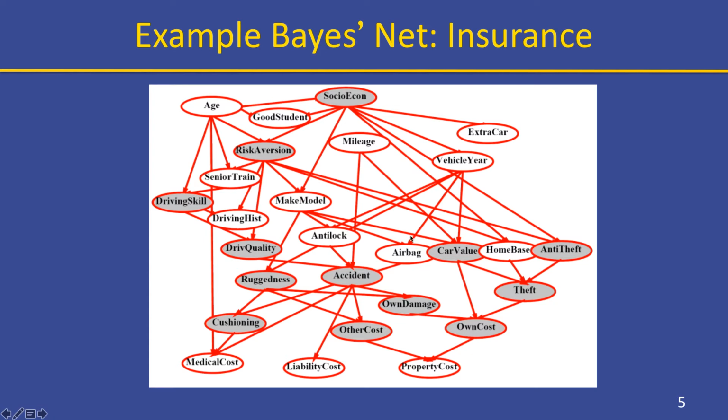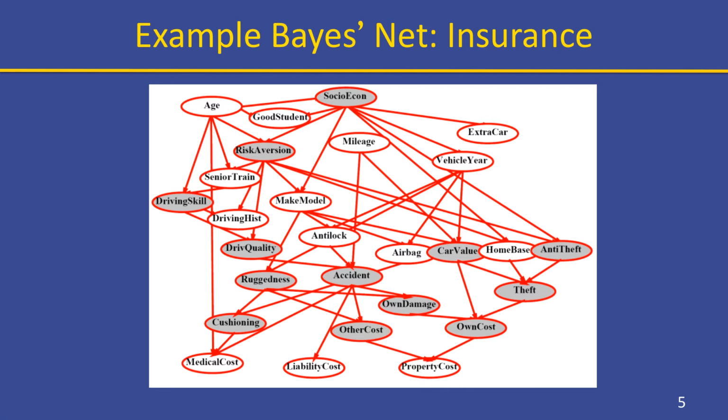For example, the car value is not directly known, but it can be estimated based on the mileage of the car and the vehicle year. These variables all have some effect, direct or indirect, on one or more of these costs.